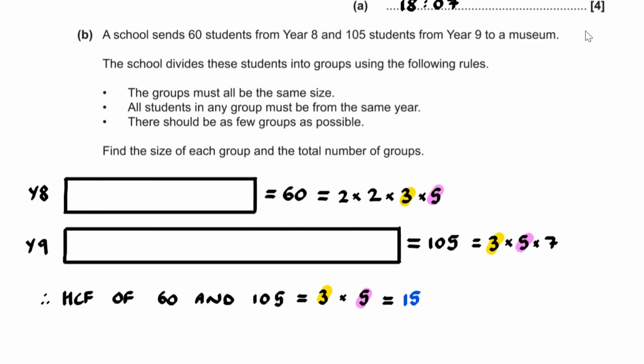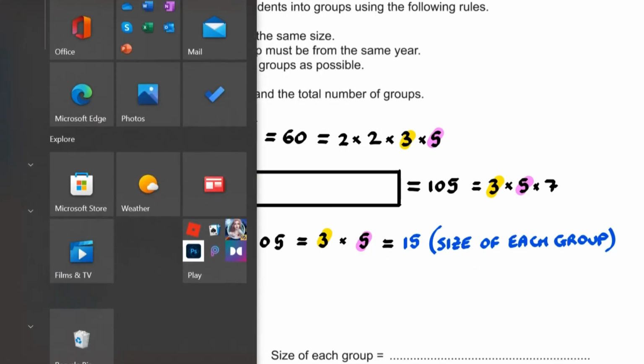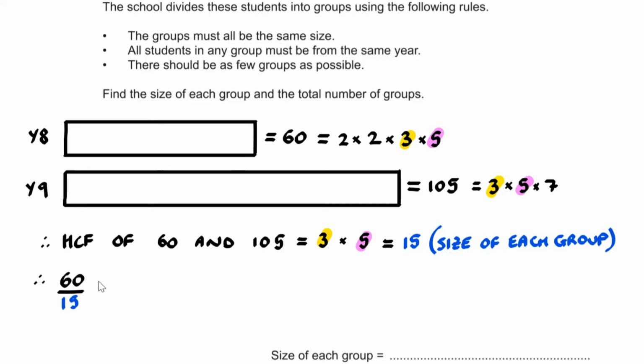So what does this 15 represent? Well, it represents the size of each group. So what we need to do is find out how we can split this year 8 group up and this year 9 group up. Well, if we do 60 divided by this 15, it turns out we get a value of 4.